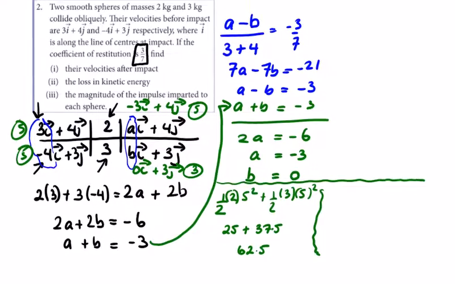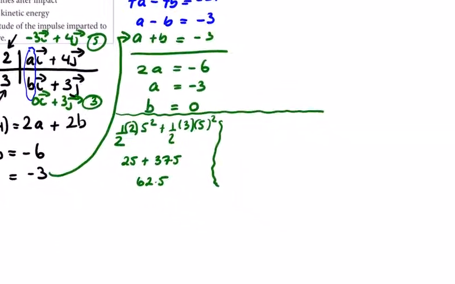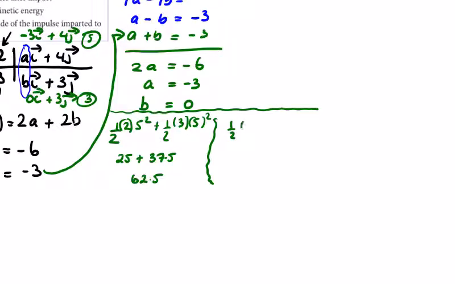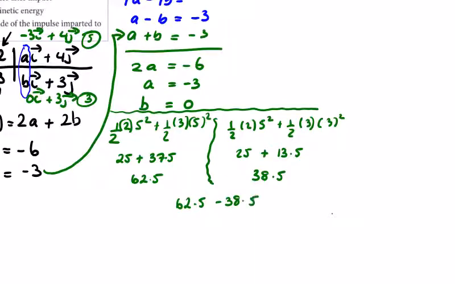And then afterwards we have a half by 2 by the 5 squared, and a half by 3 by the 3 squared. So that's going to be 25 plus 1.5 times 9, which is 13.5. So that's 38.5. The difference between these two, 62.5 minus 38.5, is 24 joules for the loss in kinetic energy.